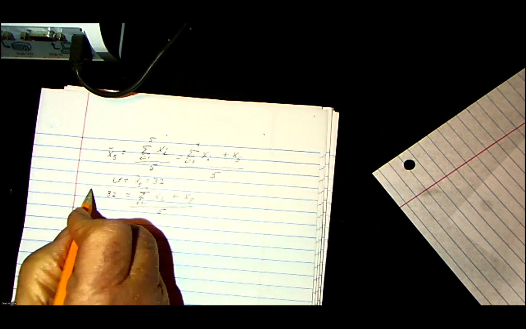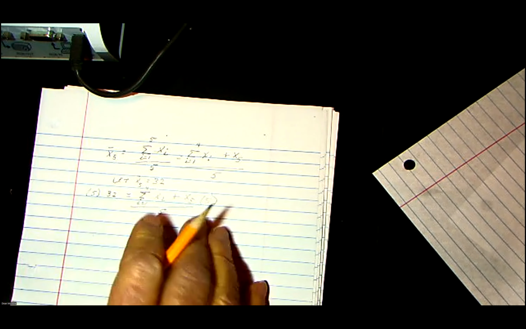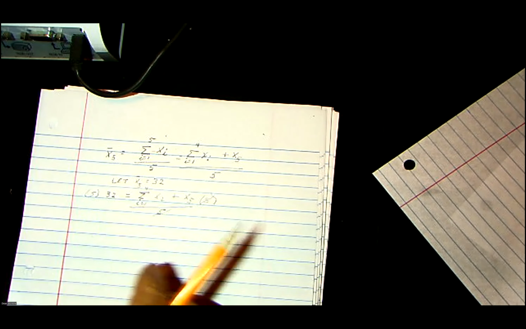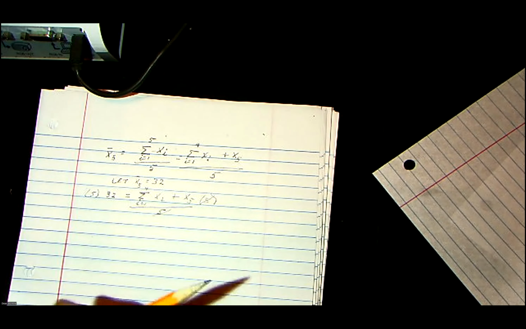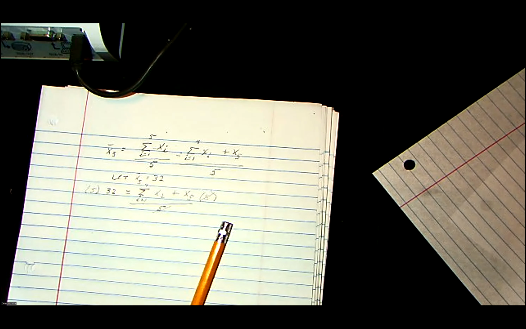Now, let's multiply both sides of this, because we want to solve for x sub 5. Multiply this by 5 and this by 5, and the 5 on this side divides out. And I'll have 5 times 32, which is 160, isn't it?